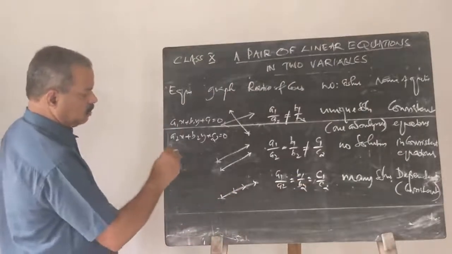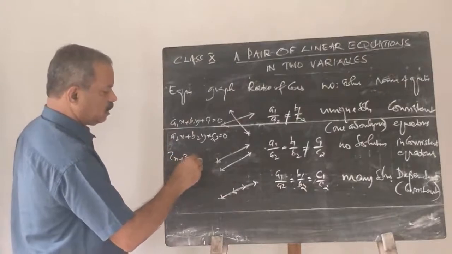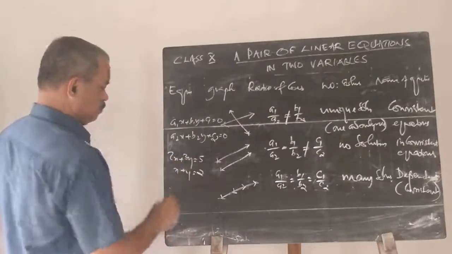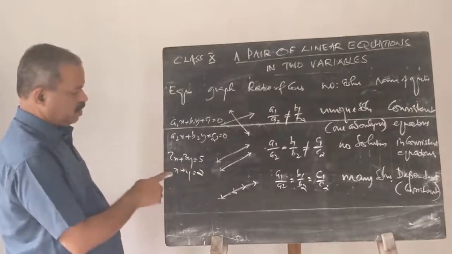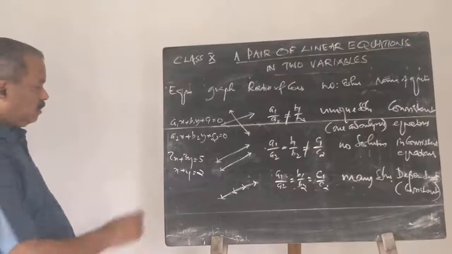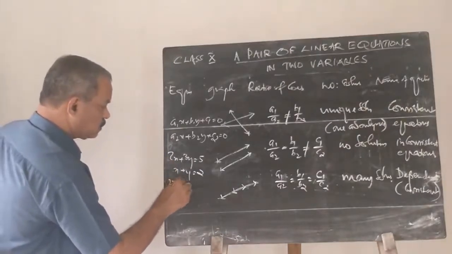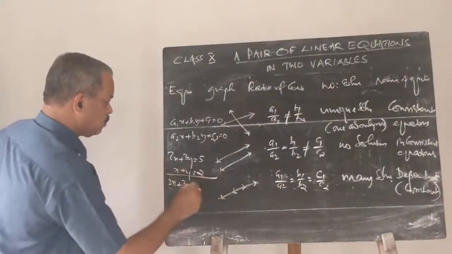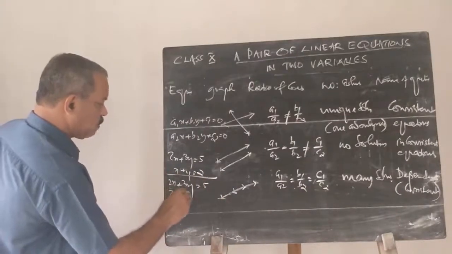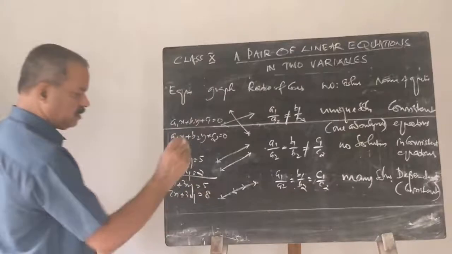The last example: 2x plus 3y equal to 5, x plus y equal to 2. Here a1 by a2 is not equal to b1 by b2. Then for parallel lines: 2x plus 3y equal to 5, then 2x plus 3y equal to 8.